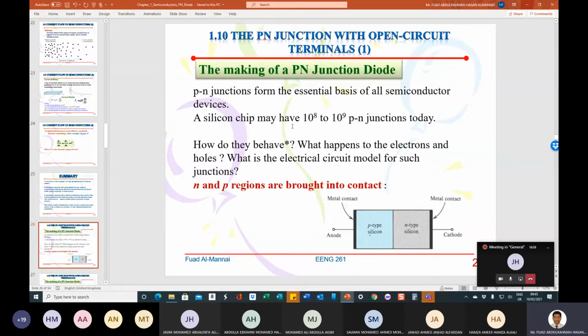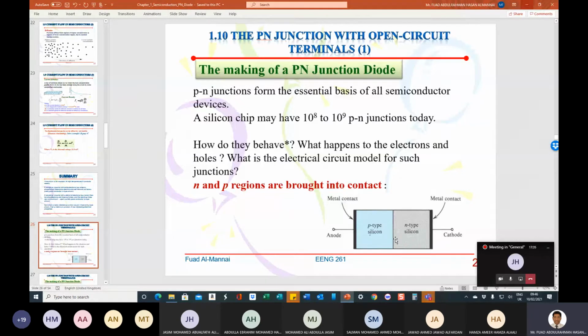So this is the N type and this is the P type. We join them together, and the product we made we call a PN junction diode. Almost all the silicon chips, your computers, your cell phone, are made of something like this junction.